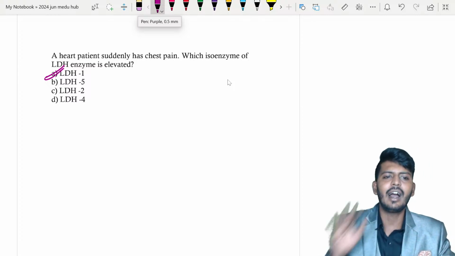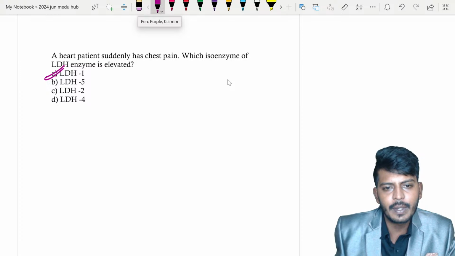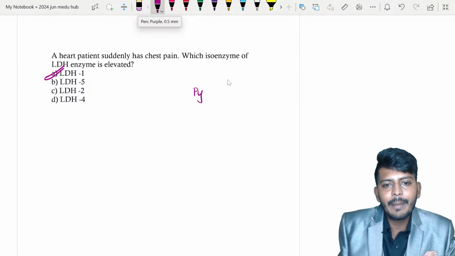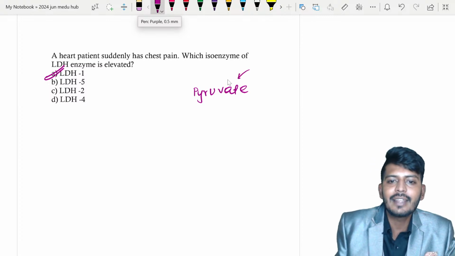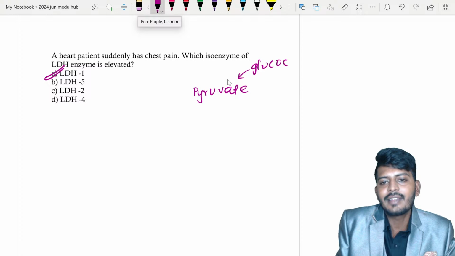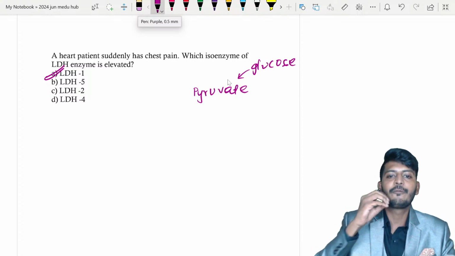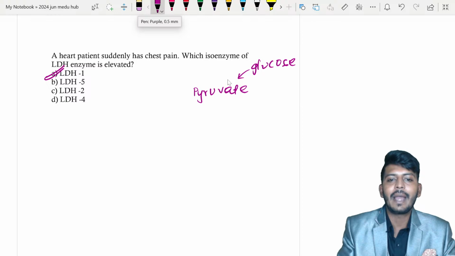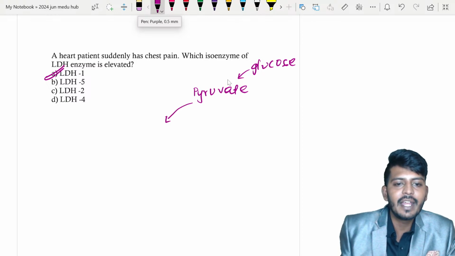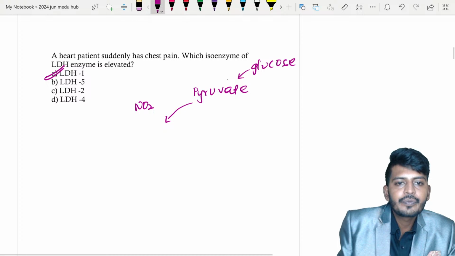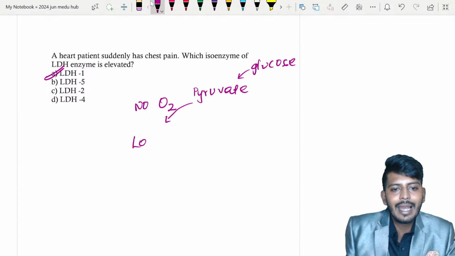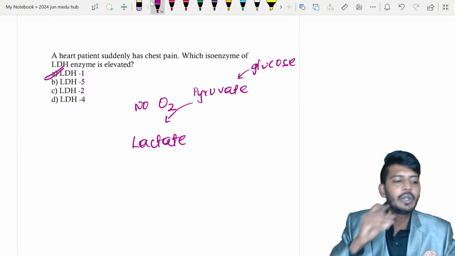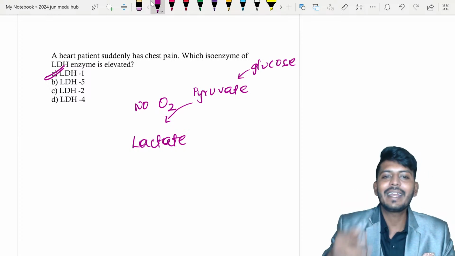So let's understand LDH का काम क्या होता है, कहां रहता है. Listen to me. First and most important, we have pyruvate. Remember, where did the glucose come from? From the food. So glucose got converted into pyruvate. For example, if there is no oxygen, pyruvate will get converted into lactate in the anaerobic glycolysis.